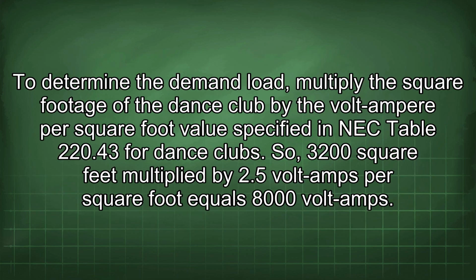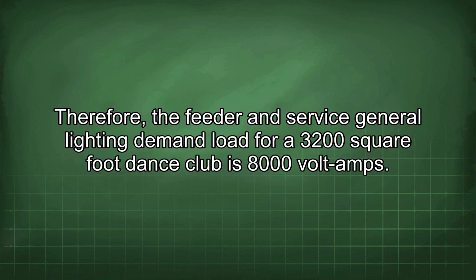To determine the demand load, multiply the square footage of the dance club by the volt ampere per square foot value specified in NEC Table 220.43 for dance clubs. So, 3,200 square feet multiplied by 2.5 volt amps per square foot equals 8,000 volt amps. Therefore, the feeder and service general lighting demand load for a 3,200 square foot dance club is 8,000 volt amps.